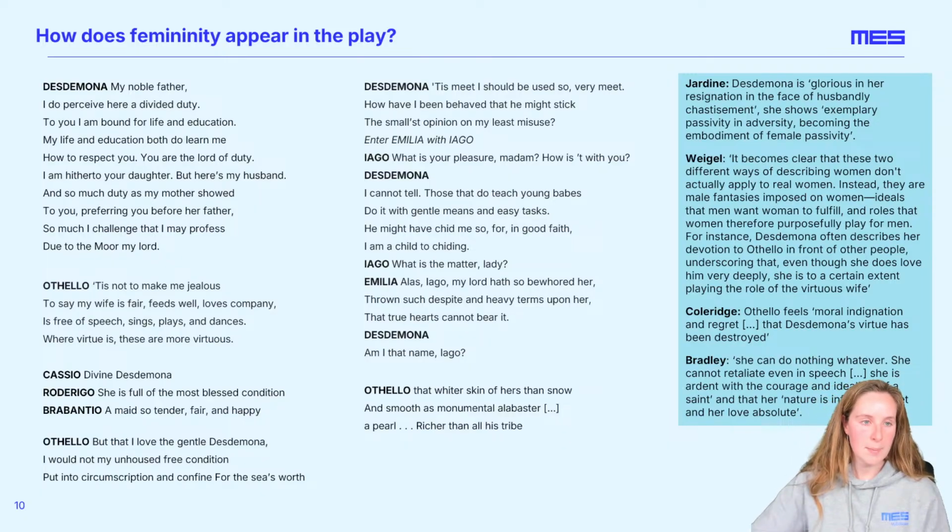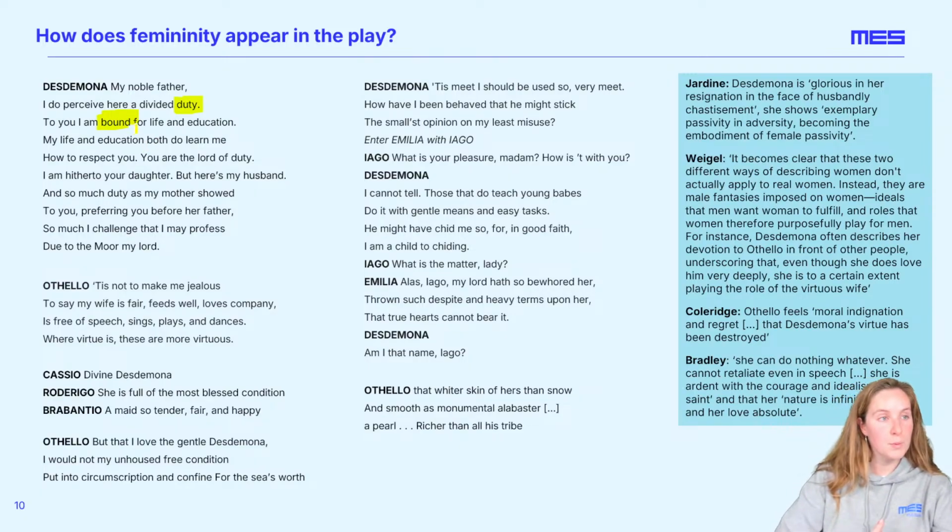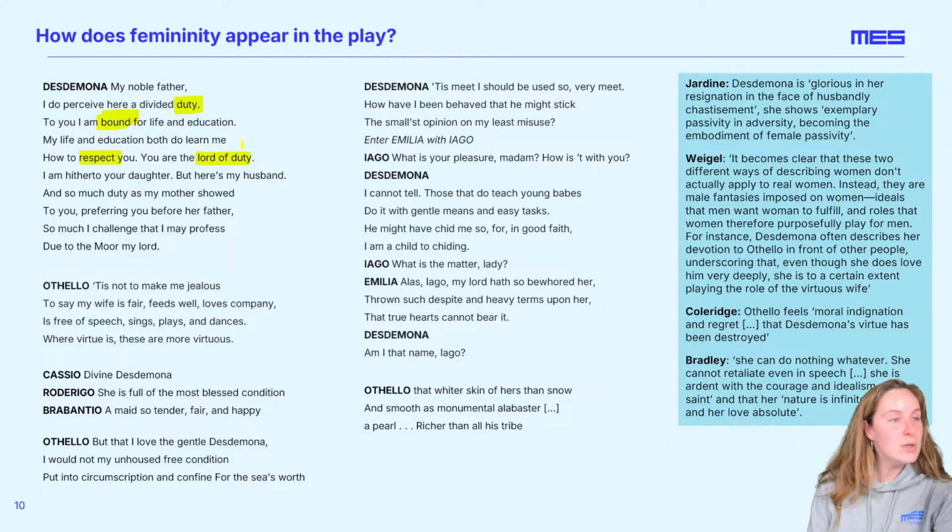A couple of parts here that are interesting. This idea of duty and femininity between father and husband. This idea of being bound, so owing for this life and education. This idea of respect within that. And him as the lord of duty.